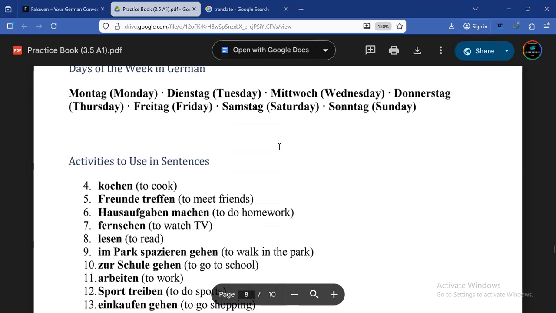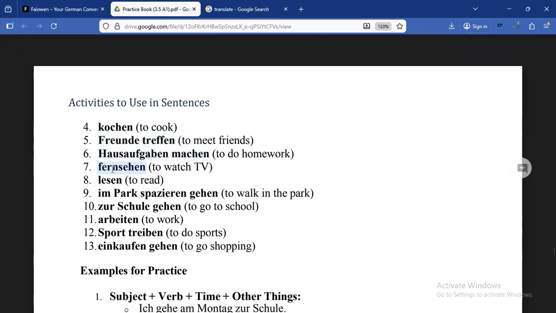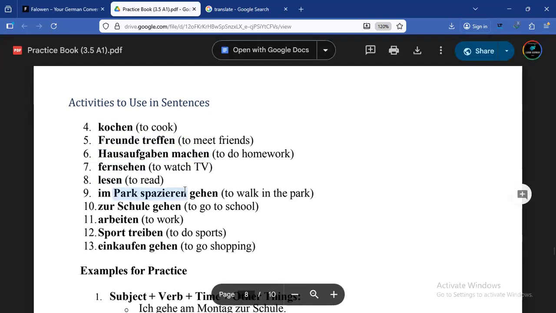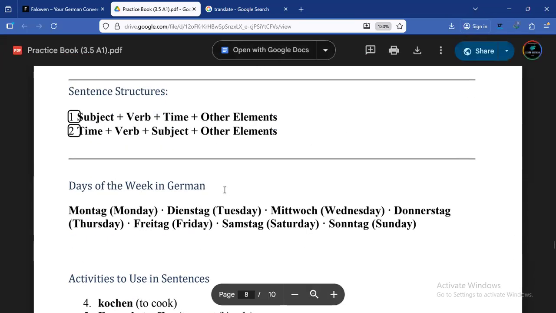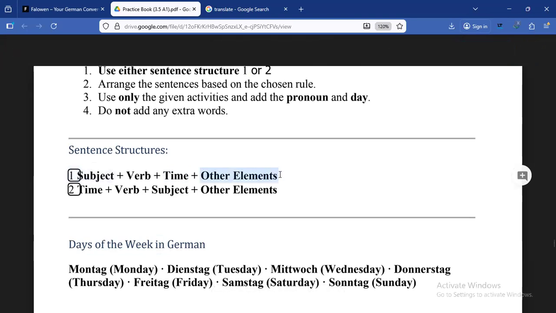So I have this activity here. Kochen, Freunde treffen, Hausaufgaben machen, Fernsehen, lesen, im Park spazieren gehen, zur Schule gehen, arbeiten, Sport treiben, and einkaufen gehen. And this is the rule for forming basic statements in German. That is subject plus verb plus time plus other elements.